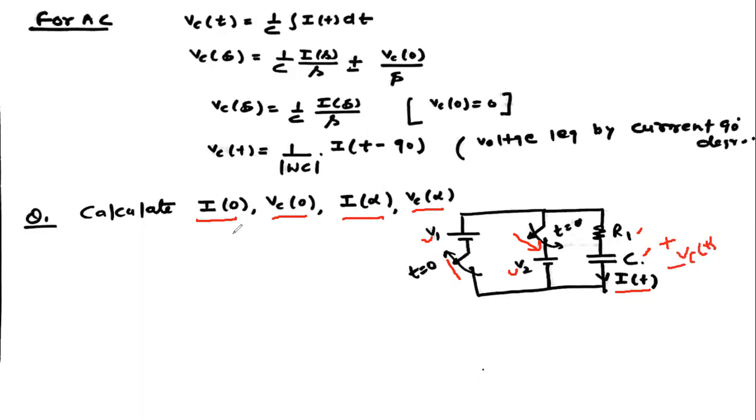We are changing the switch at t equal to 0, so we have to find the voltage and current across the capacitor at t equal to 0 in the switching condition, and the voltage and current across the capacitor in the steady state condition.